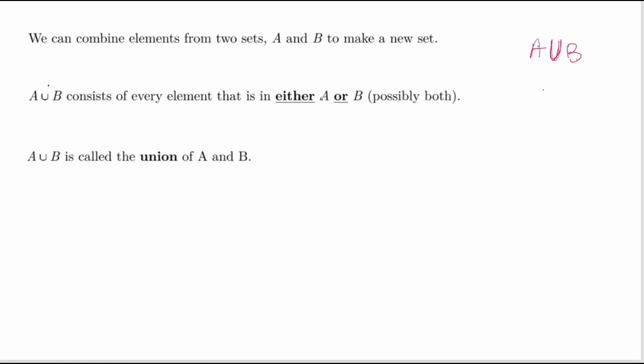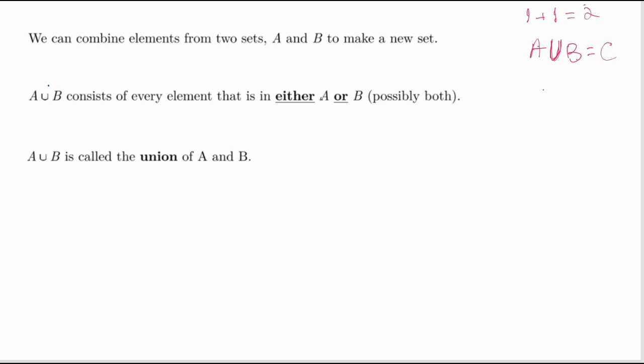And what does this operation do? It combines elements from both sets and returns a new set. When we say 1 plus 1 is equal to 2, I'm doing an operation between two numbers, resulting in a new number.